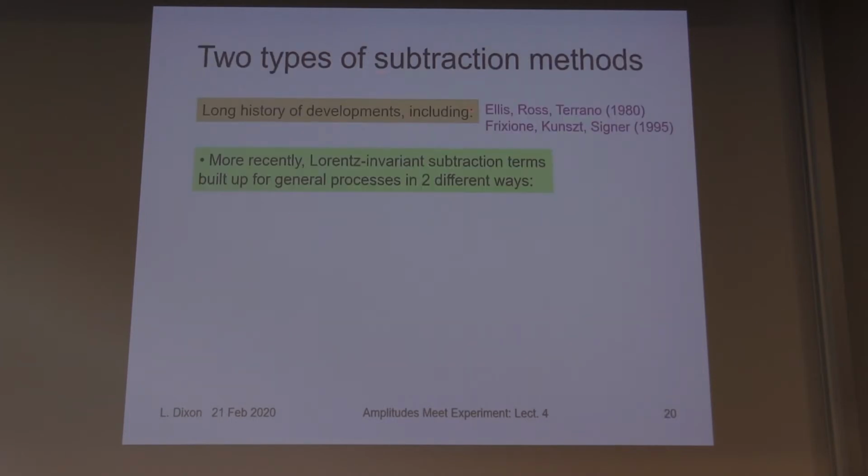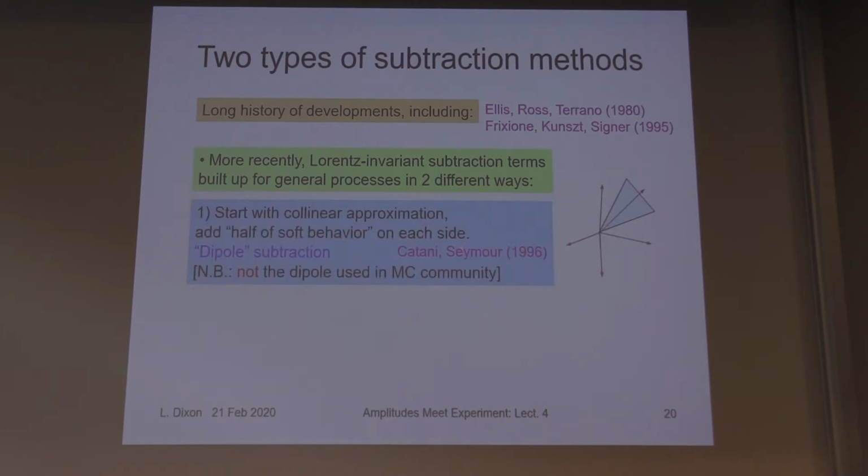And then within the subtraction methods, there were many different kinds of ones that were constructed. There were some initial results for e+e- to 3 jets by Ellis, Ross, and Terrano. And then there was an FKS subtraction scheme developed in 1995.